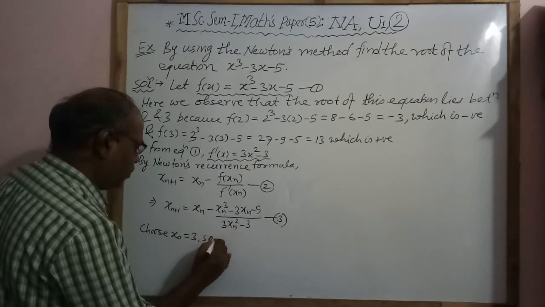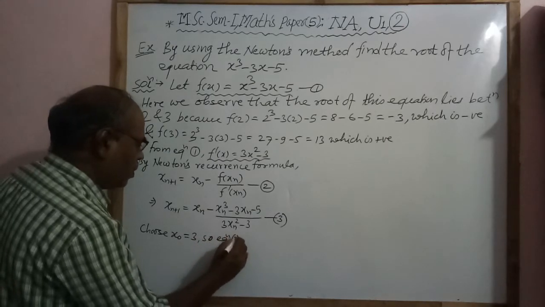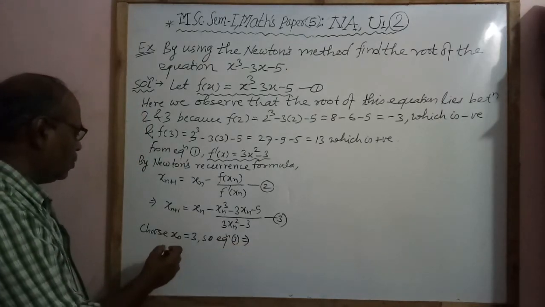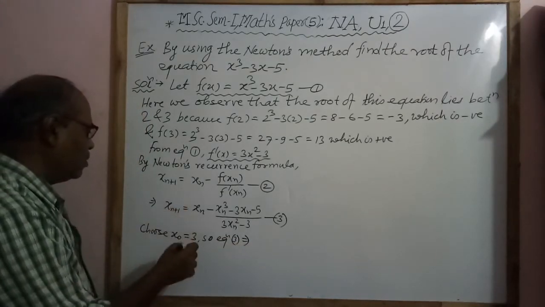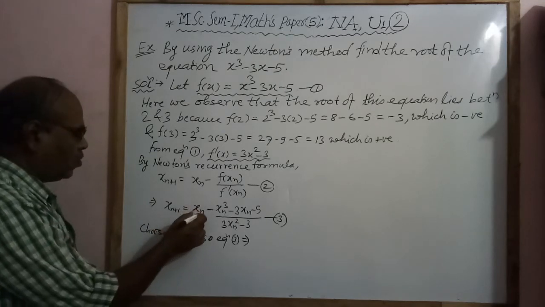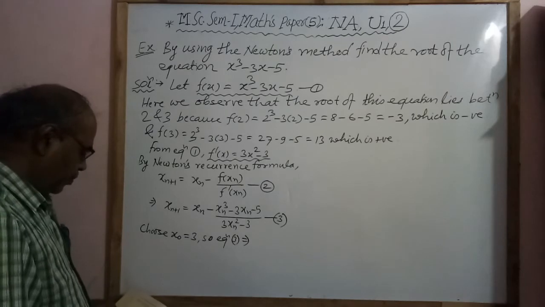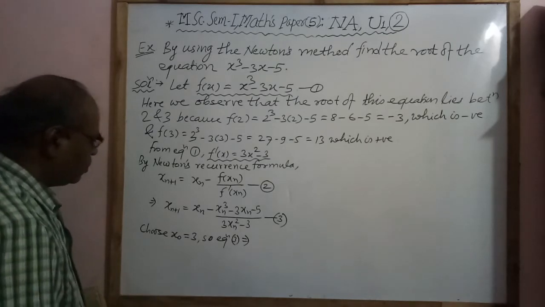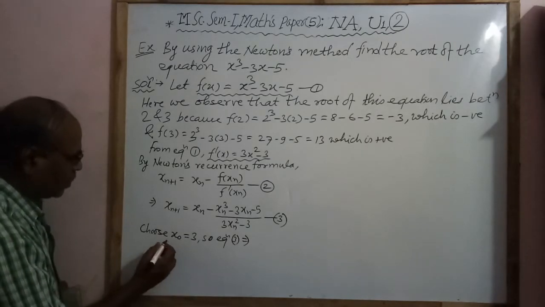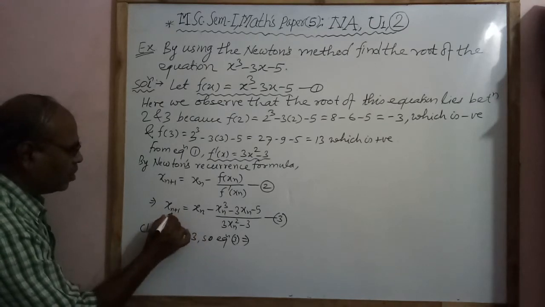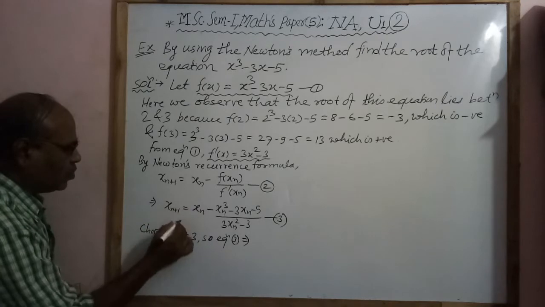So, equation 3 implies, x0 equal to 3, if we put here n equal to 0, we have x1, we get the first approximation x1.